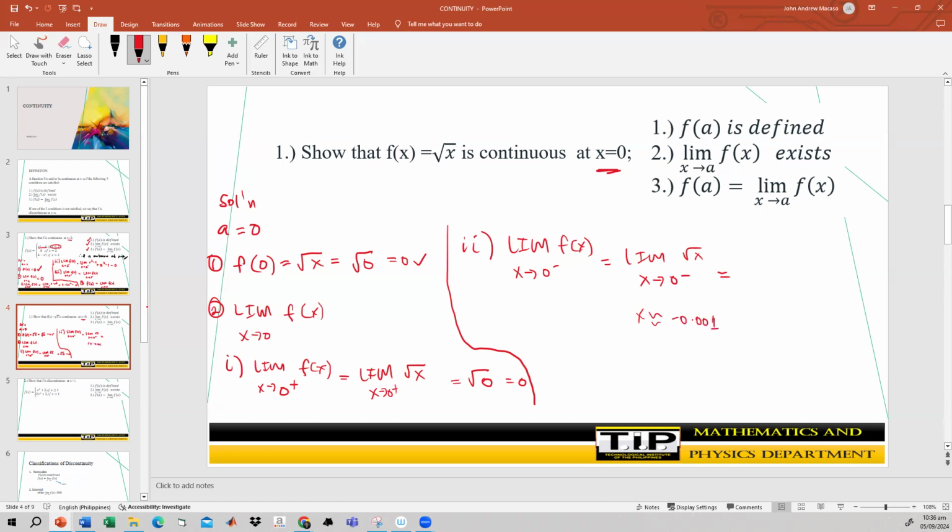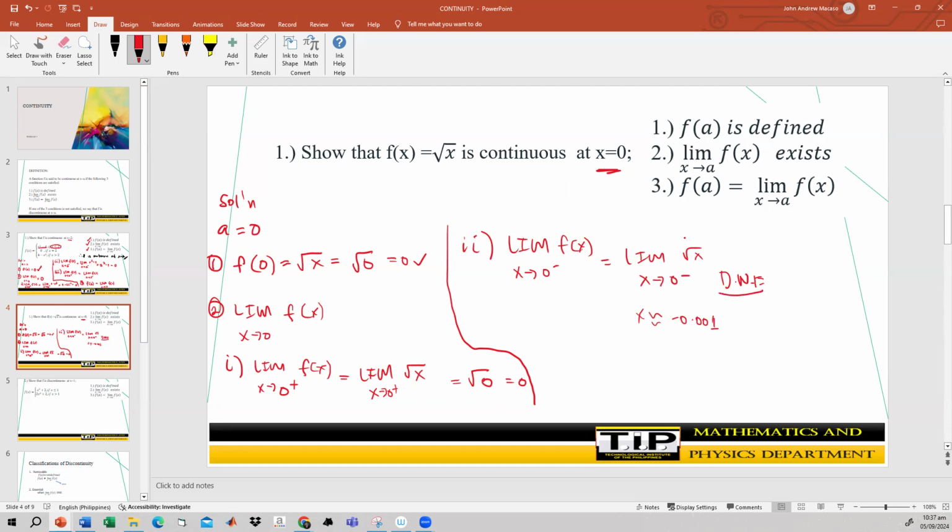If you substitute this into the given square root of x, what will happen? Every time you have a square root of a negative number, it will become an imaginary number, right? So this left side limit will become DNE, or does not exist, because once you substitute a value that is closer and closer to 0 and at the same time less than 0, which is negative 0.01, that's our approximation, this will become DNE.